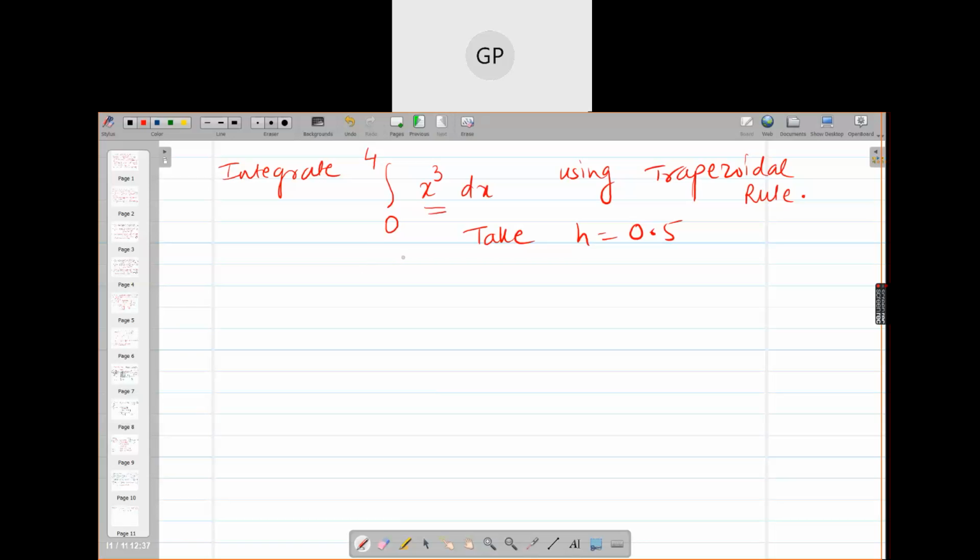Sometimes directly the function values will be given to you.